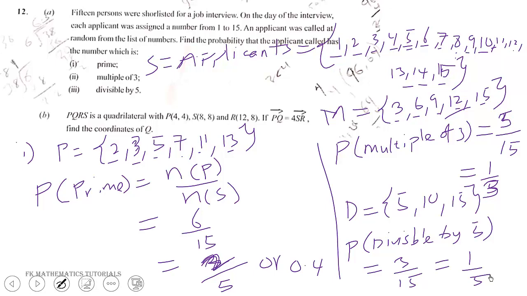Let's look at the B part. PQRS is a quadrilateral with P(4,4), S(8,8), and R(12,8).